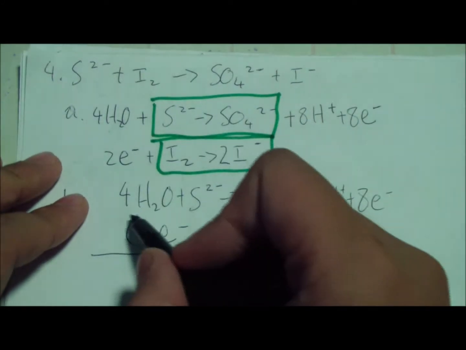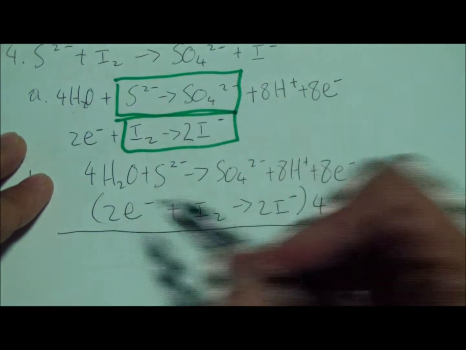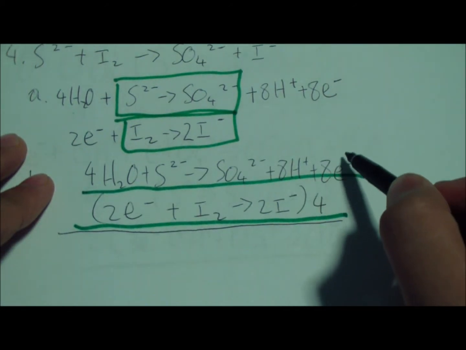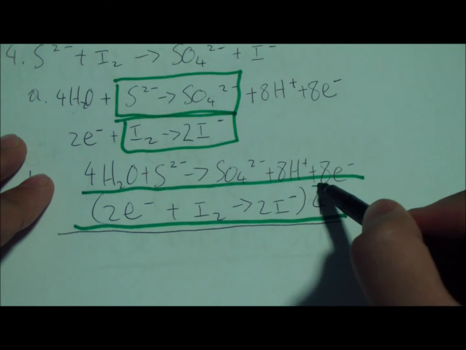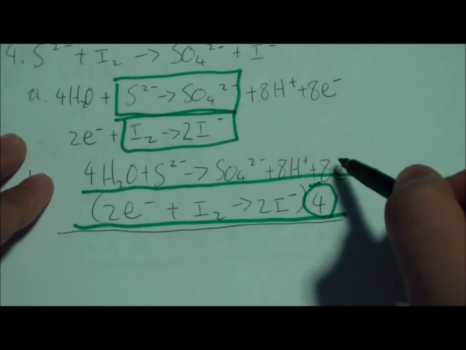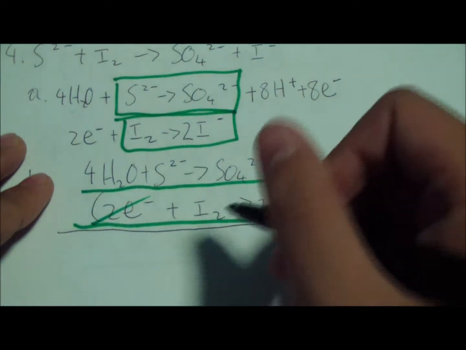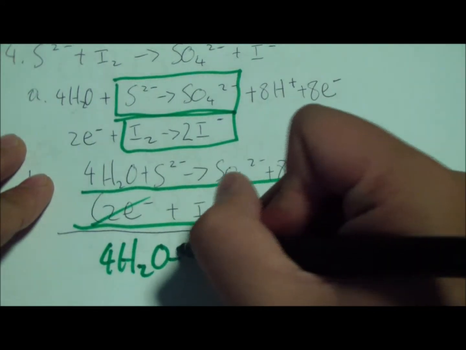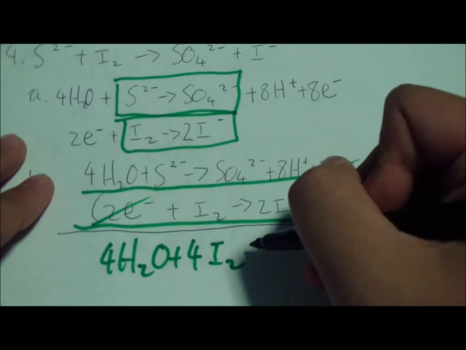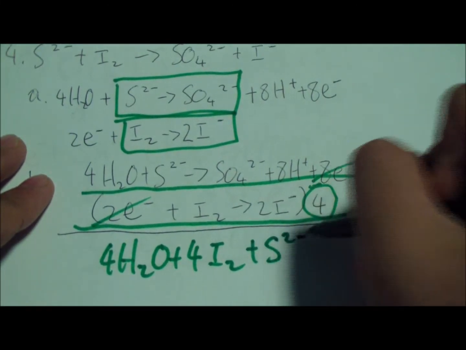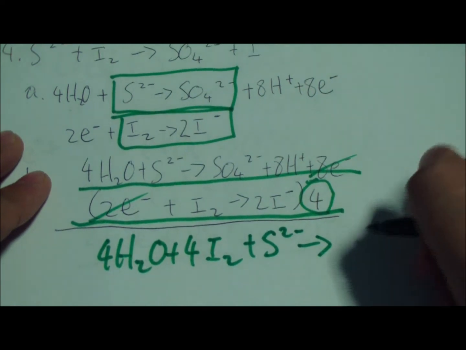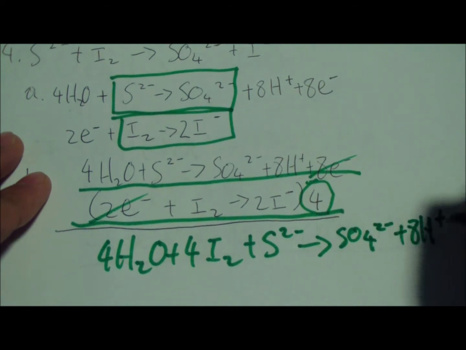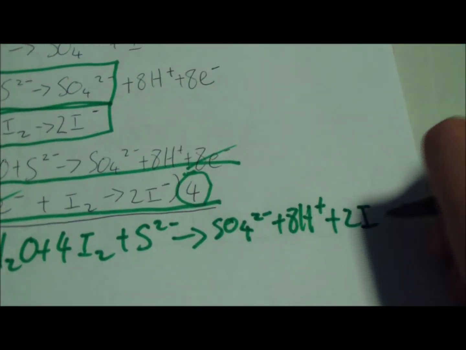Now we get to the end. This would be the top, and this would be the bottom, and you want to cancel out the charges, so I multiply the bottom by 4 here. So the e's would cancel out, and then I'll be left with 4H2O plus 4I2 plus S2 minus goes to SO4 2 minus plus 8H plus 8I minus.